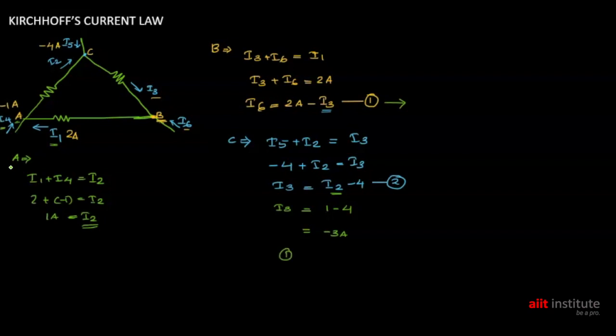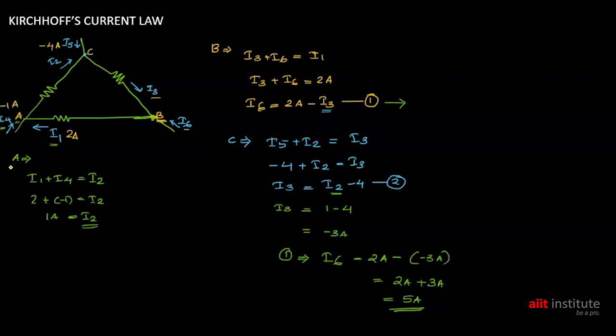So equation 1 becomes I6 equals 2 amperes minus minus 3 amperes, so 2 amperes plus 3 amperes, which is 5 amperes. So 5 amperes is the current entering node B.